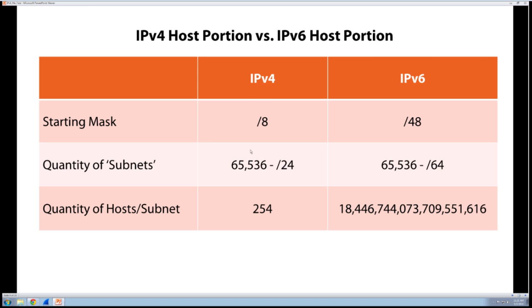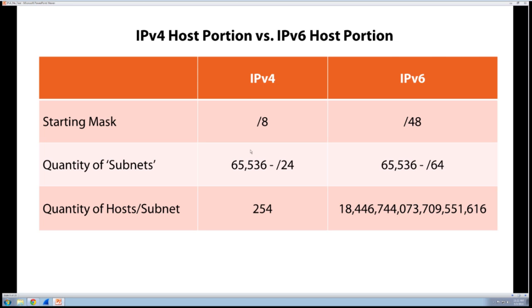This is multiple factors of the number of people on Earth. So any one subnet could give every human on Earth several IPv6 addresses. So when we're talking about wasting addresses here, in IPv6, we've built it to accommodate lots and lots and lots of host addresses for every subnet.